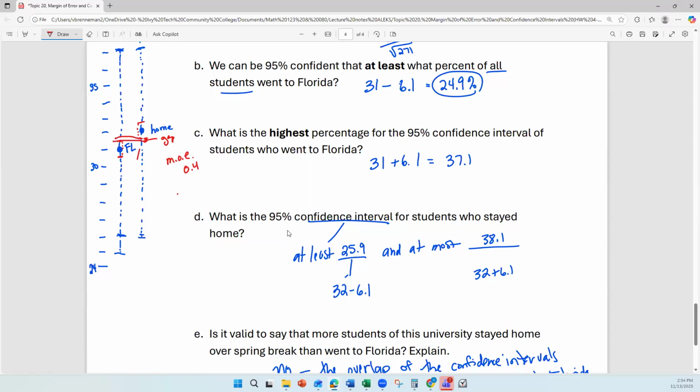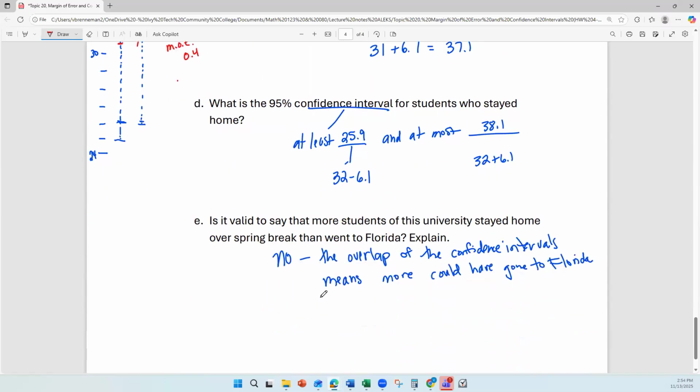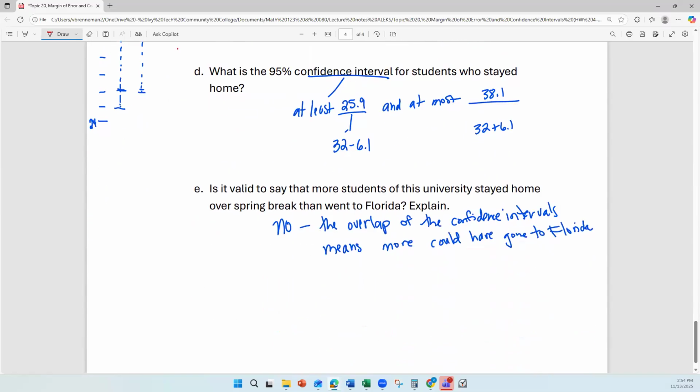Then we could say, yeah, we're pretty sure, still only 95% sure. There's still a little chance, but we're 95% sure that more people stayed home than went to Florida. So that's margin of error and confidence interval.